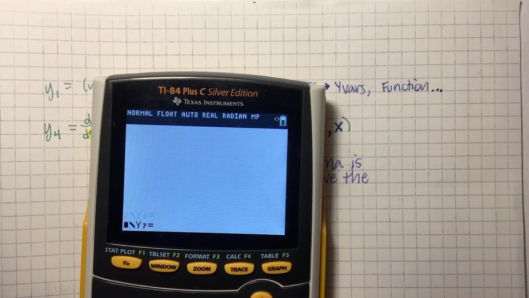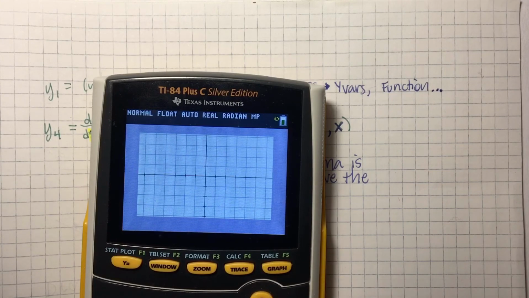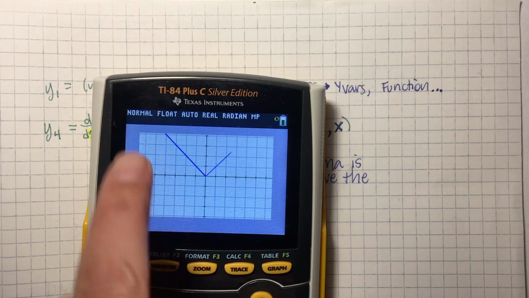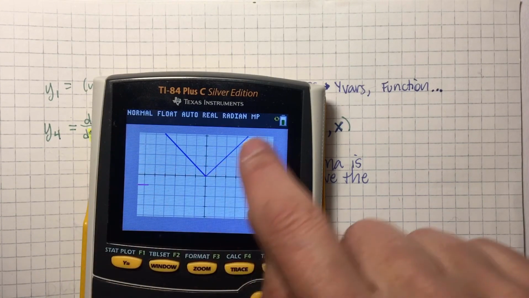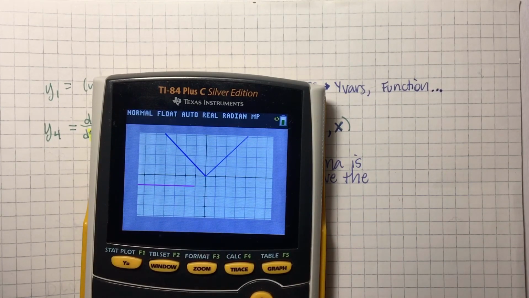Like if I graph the absolute value of x, here's my absolute value. I have a slope of -1 on the left, +1 on the right. In between, at the origin, my slope is actually not defined there.